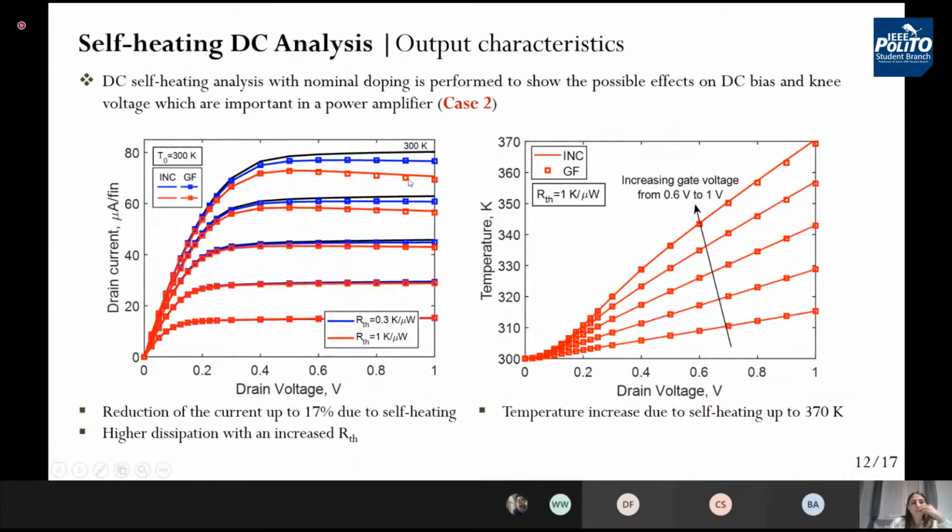The GF approach is worse in the case of the red curve, because in this case there is a stronger temperature increase. In fact, as can be noticed on the right-hand side, temperature reaches 370 Kelvin in this case.